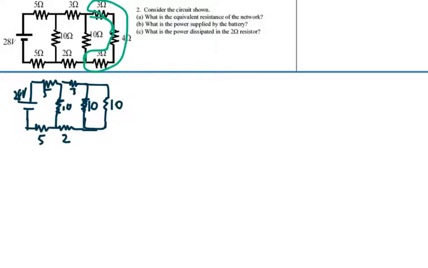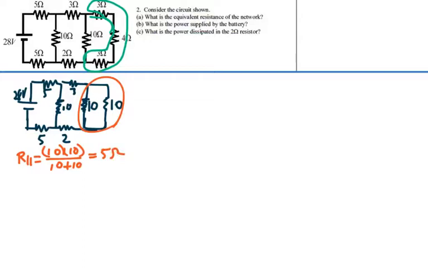Alright, now on the outside we've got a parallel combination of a 10 with a 10, and there's two of them. So our R parallel is going to be product over the sum, which would be 10 times 10 over 10 plus 10, 100 divided by 20, or 5 ohms for that.